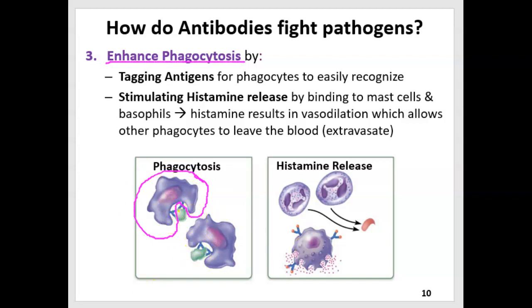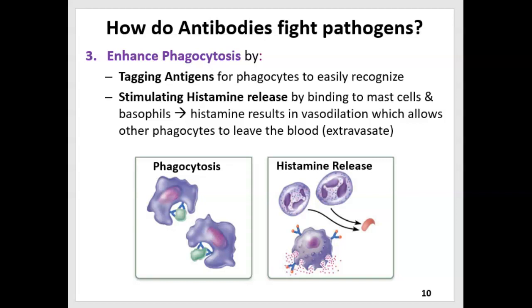How it started was that this green pathogen entered the body and some soluble antibodies, shown in blue, bound to it with the stems exposed. But now that phagocyte, which is purple, binds to the stems. So I guess it's sort of membrane bound and can more readily engulf that green foreign pathogen.